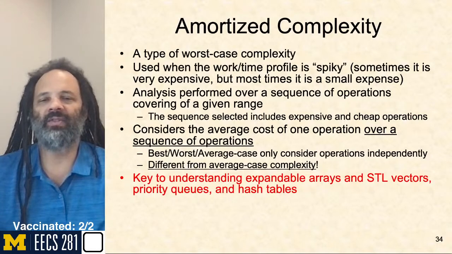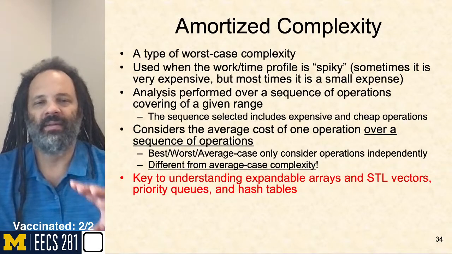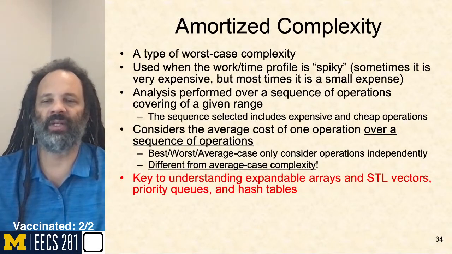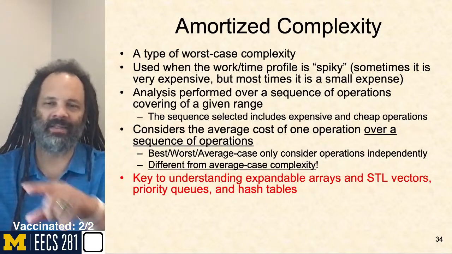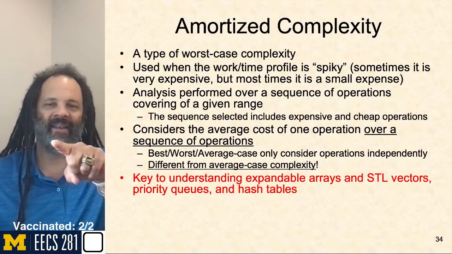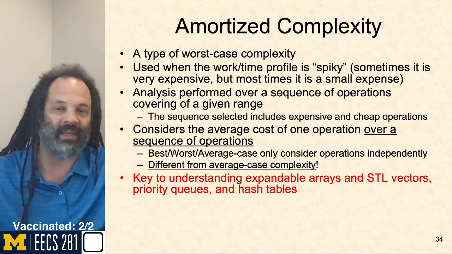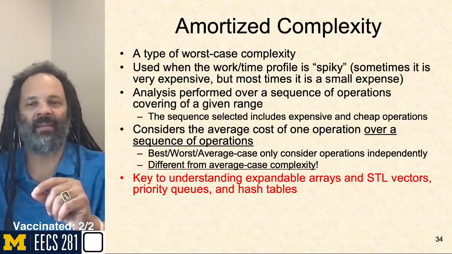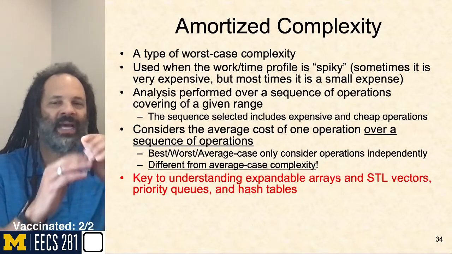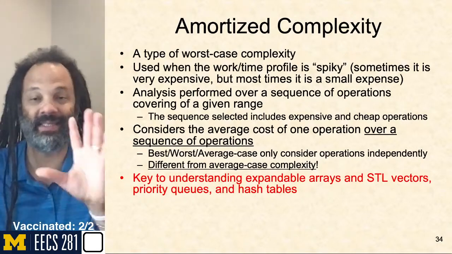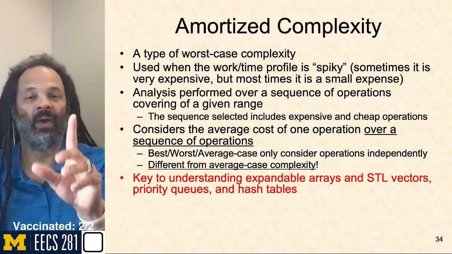And it only is useful when I've got this different type of function. So we call this profile, the technical term is spiky, right? And so that means it goes like this, and then ping, it spikes. So sometimes it takes this amount of work, this amount of work, this amount of work, and then another time it'll take a lot of work. And this is the same operation now. That's why we have to do this.